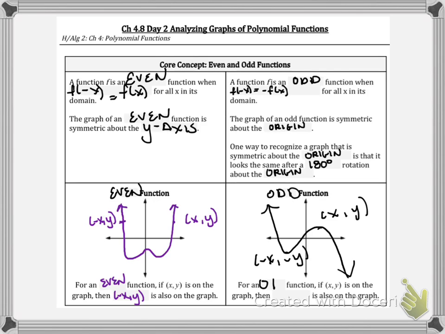So for an odd function, if (x, y) is on the graph, then (negative x, negative y) is also on the graph. Okay, and it's symmetric about the origin. If we rotated that 180 degrees, it would still be the same picture.